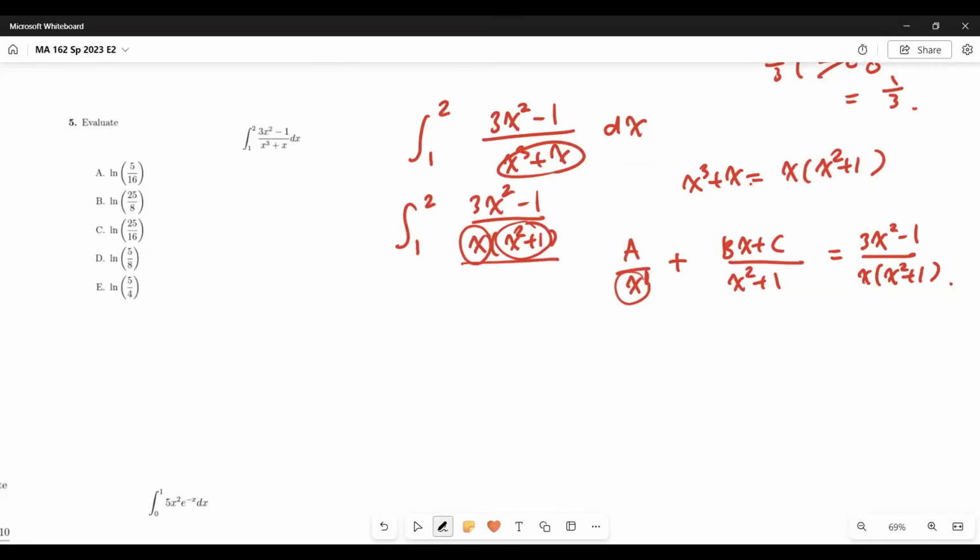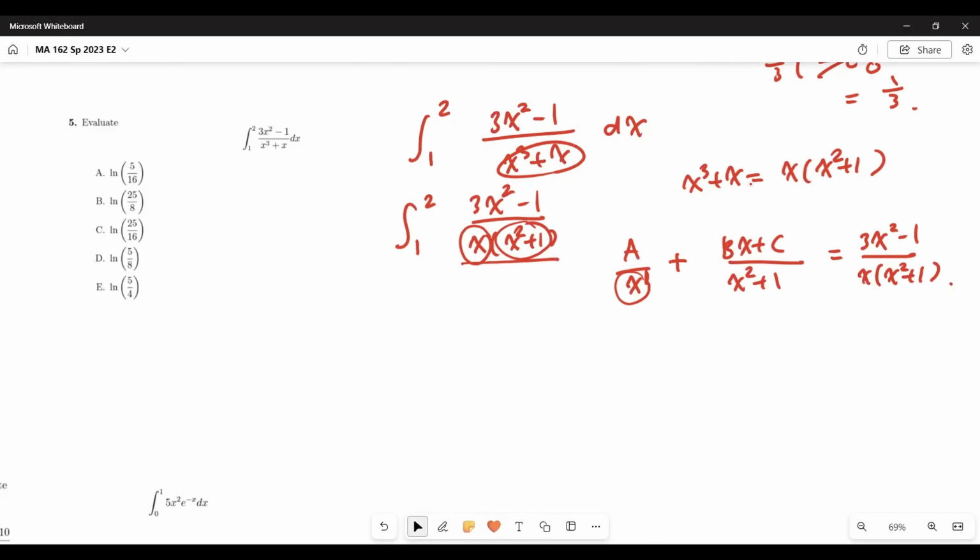And since we have 2 as our exponent in the denominator, 2 minus 1 is 1 power, which is why we have bx plus some constant c. That's just how you write it for a partial fraction decomposition problem. You kind of have to remember it.